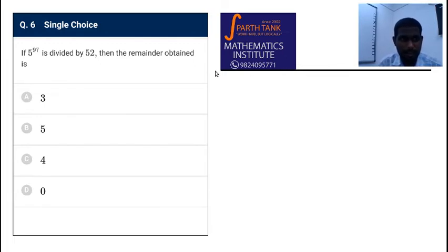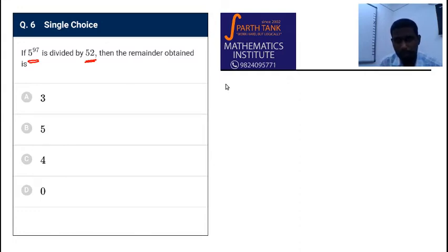It is asked, what is the remainder when 5 to the power 97 is divided by 52? Now you will know by this time that all such problems are based on binomial theorem, because binomial theorem helps us identify very high powers and to get meaningful expressions for those. So your logic in this problem should be, how can we connect some power of 5 and 52?